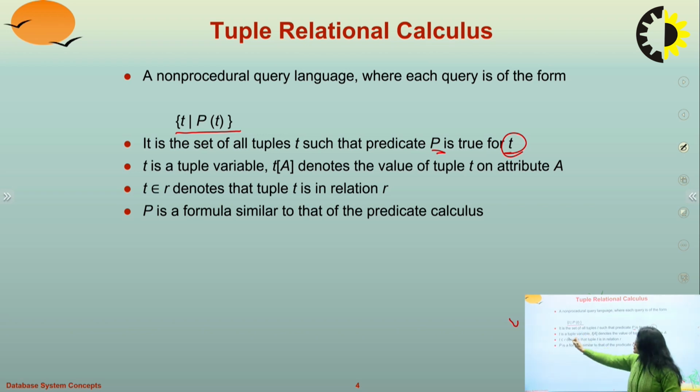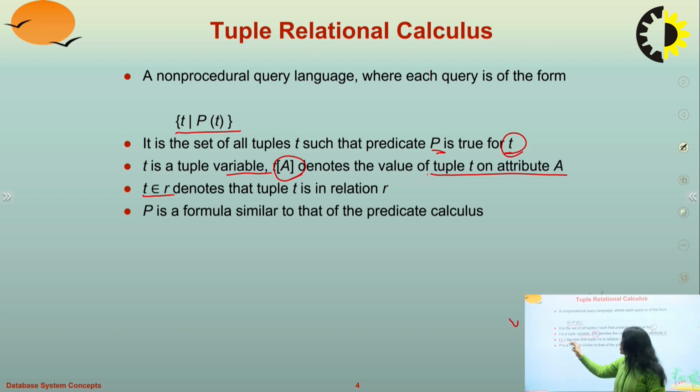So here T is the tuple variable. If we write T in the angle bracket A, not here we have written, but we can write it, it denotes the value of tuple T on attribute A. If we write T belongs to R, this is the sign we use to indicate belongs to.